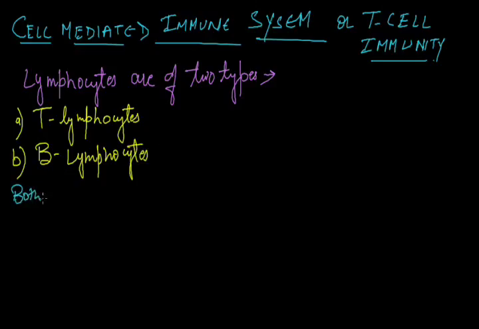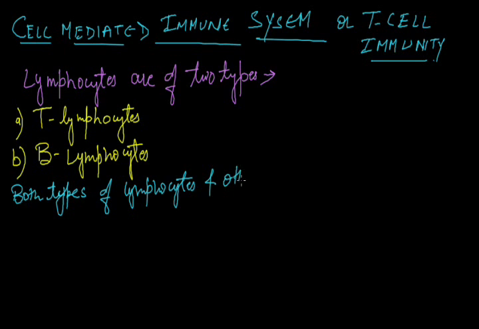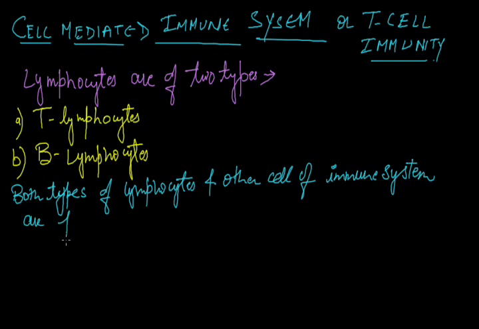Both types of lymphocytes and other cells of the immune system are produced in bone marrow.